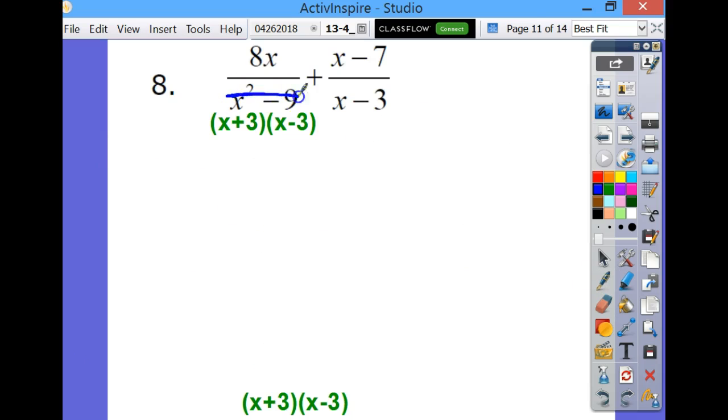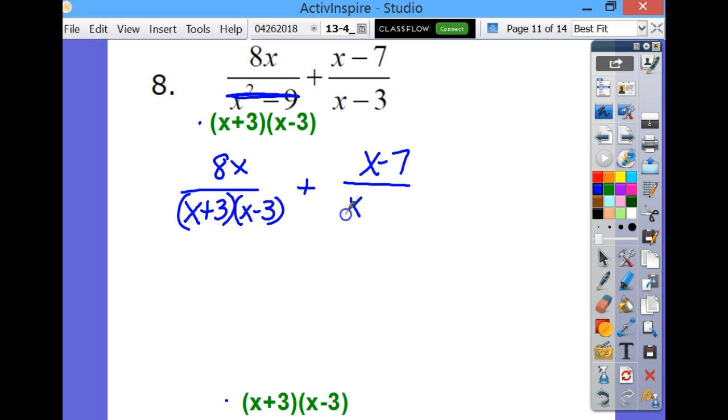Do I need to multiply this first fraction by anything for this denominator to equal that denominator? It's already equal, so this one doesn't get multiplied by anything. This term right here, what am I going to need to multiply so this denominator equals that denominator?